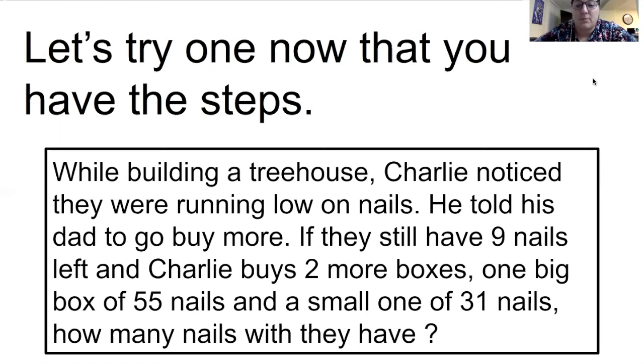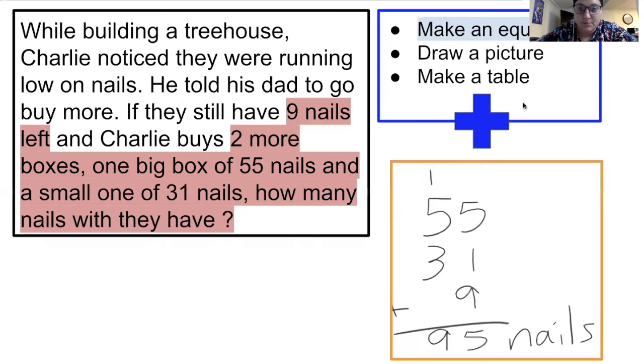Okay, so if I'm moving on with this one, notice in my understanding part here where I highlighted that a lot of the story is not important to solving my problem.